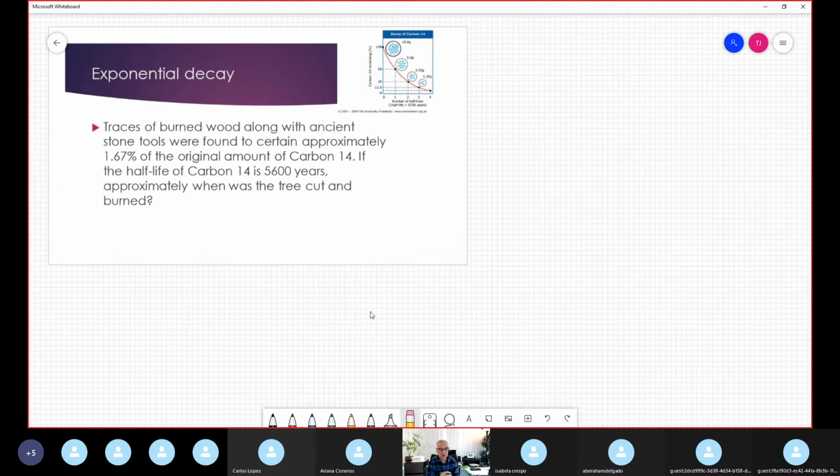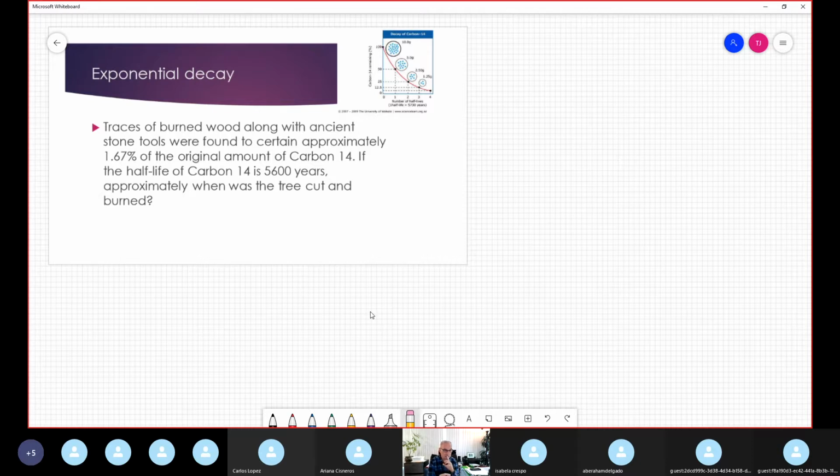The test is called carbon-14. Carbon-14 is a radioactive isotope. So they test the amount of carbon-14 that the discovered piece contains and compute the number of years of its age.